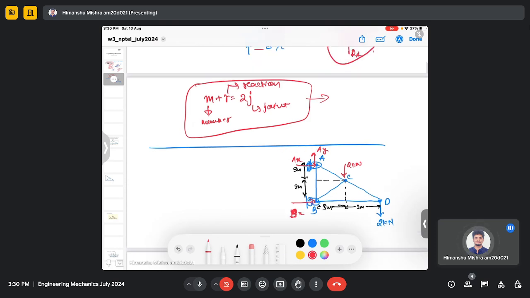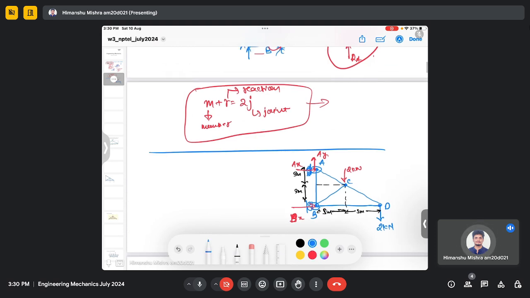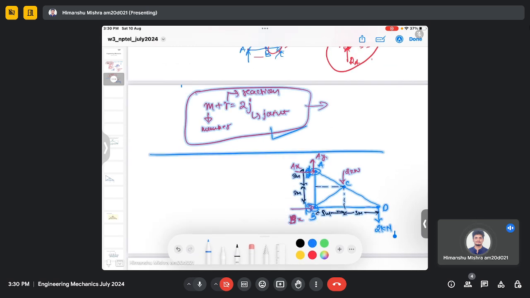Before solving any problem by method of joints and method of section, always first check whether you can solve this problem, or whether the truss is indeterminate or not. You have to use this equation, and only if it satisfies this equation can you use the equilibrium or any method of joint or method of section to solve the problem.